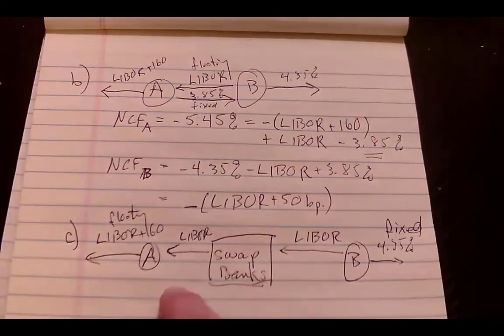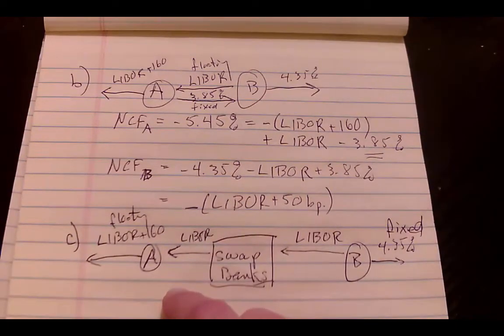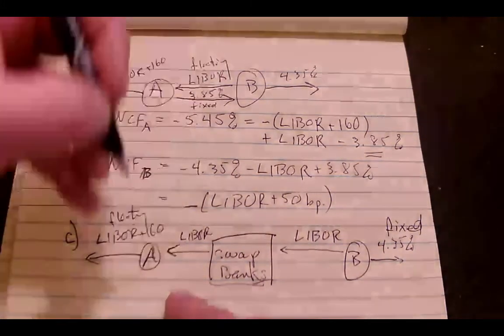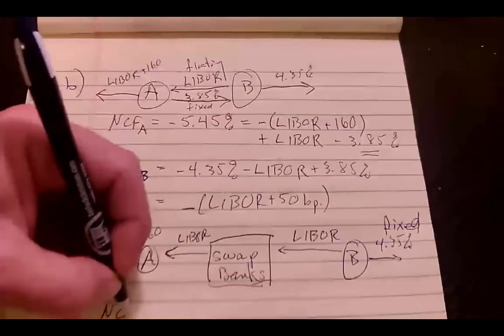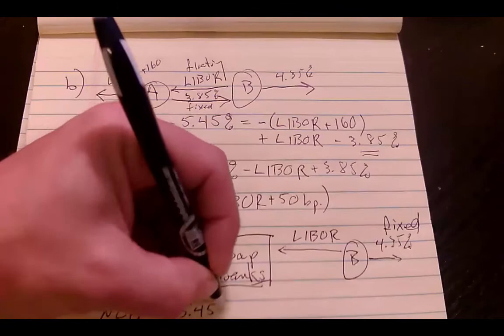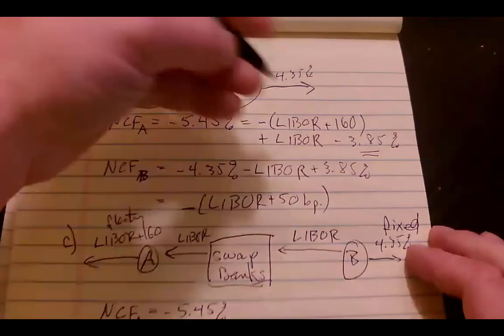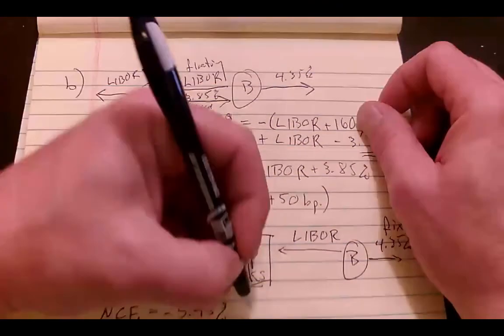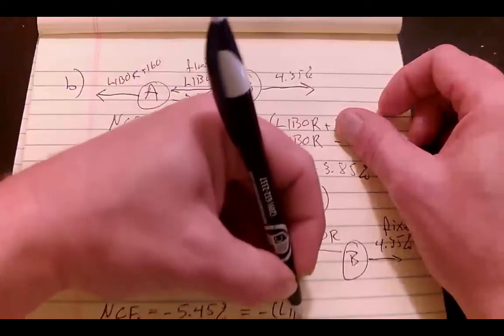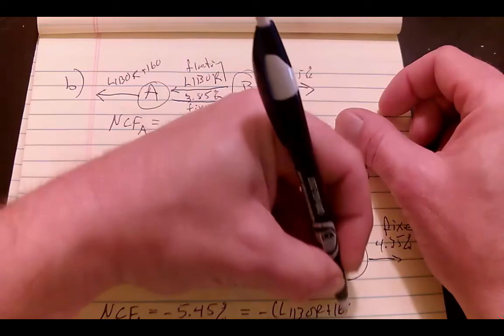So the net cash flow for A is going to be, it says both companies are going to get 15 basis points per annum. Well, A was already getting 15 basis points, so this 5.45 won't change. That is, the net cash flow for A is going to be 5.45%. And that must be equal to what they're already paying, LIBOR plus 160.